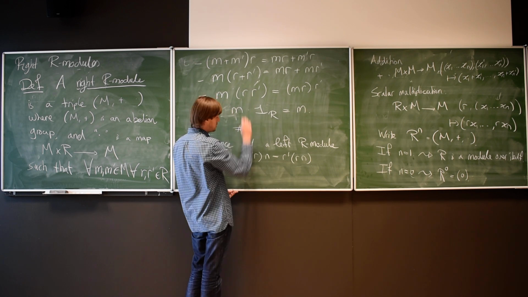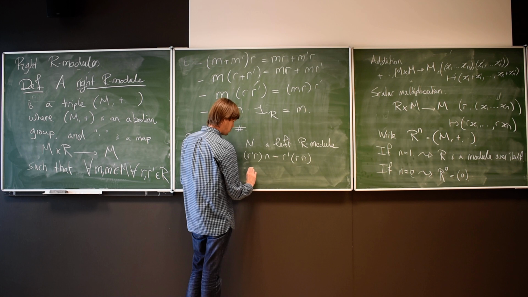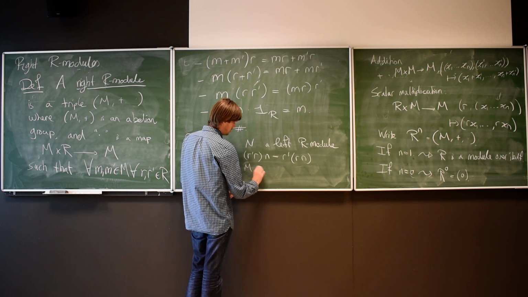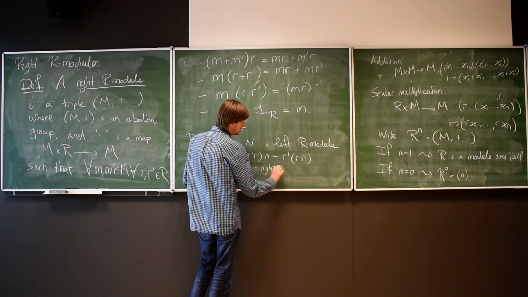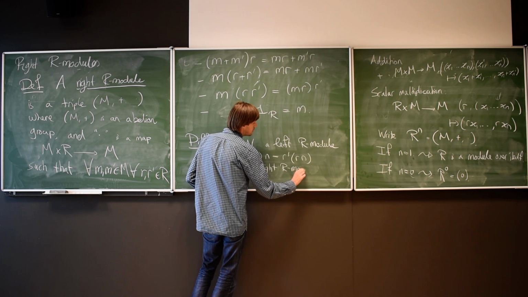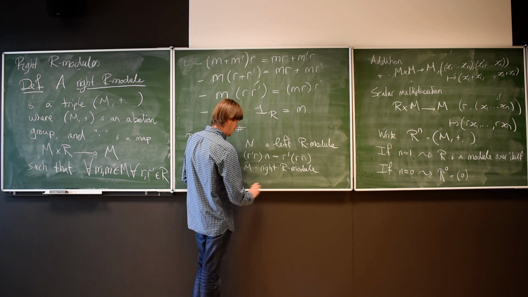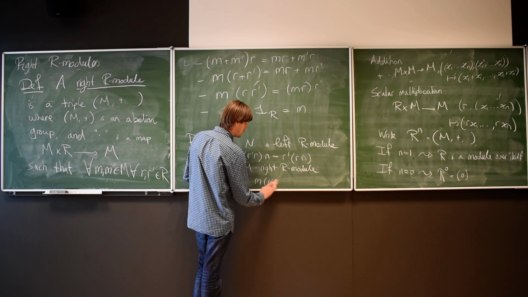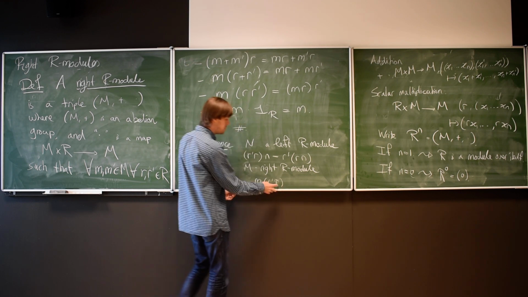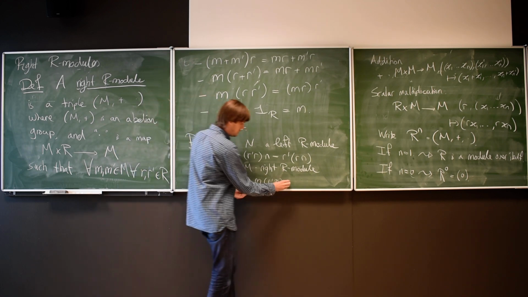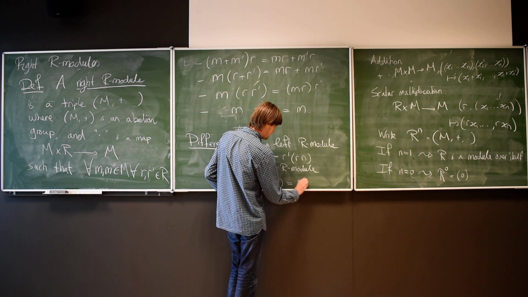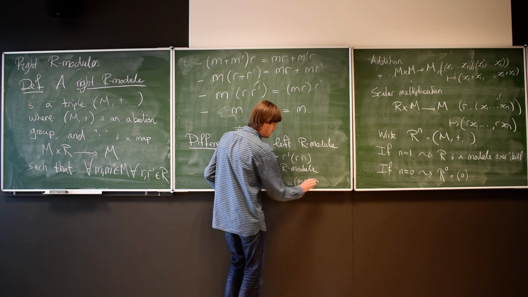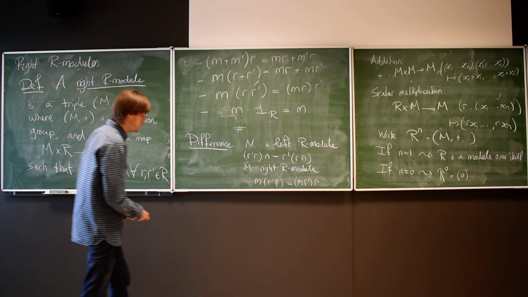So if M is still a right R module, I would multiply with this product on the right, then what you see is that it goes in the other way, right?